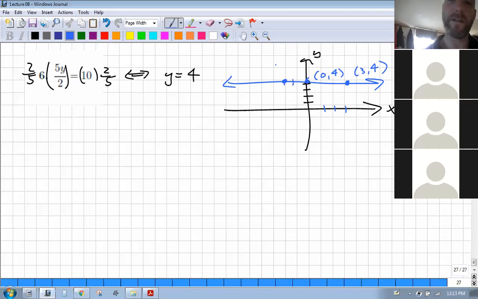This point here is (-2, 4). So to graph this, it's going to be this line that's parallel to the x-axis. It's a straight line. y equals 4 means all the points where y equals 4. It doesn't say anything about x. x can be anything you want.